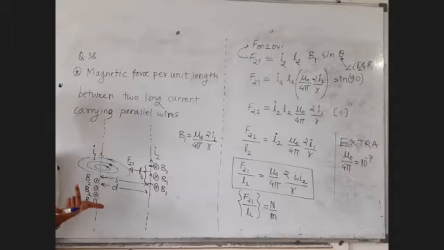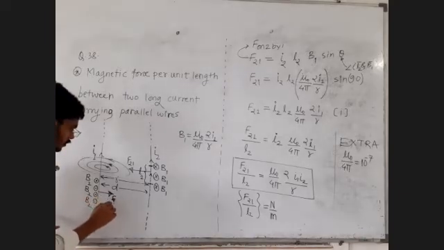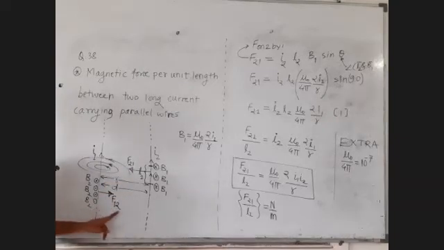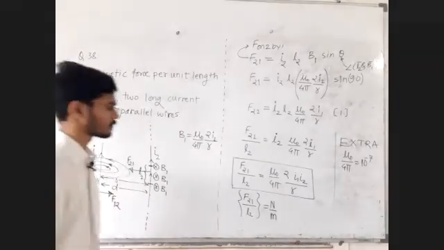Thumb is rightward. That is the force on the first wire because of the second wire, F on 1 by 2. So these two are saying attract.